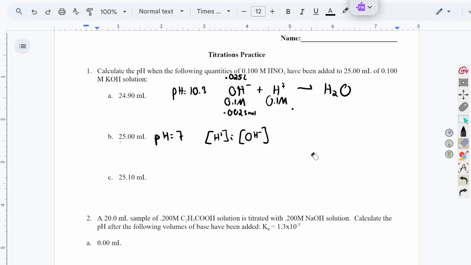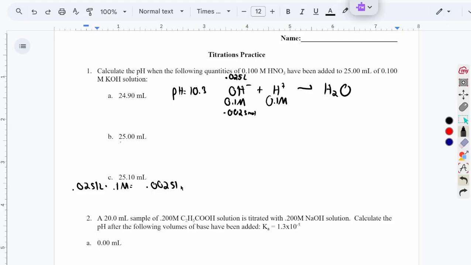All right, this next one. What if I had 25.1 milliliters of my acid here? So let's calculate this out. 0.0251 liters times 0.1 molarity is going to give me 0.00251 moles of H plus.